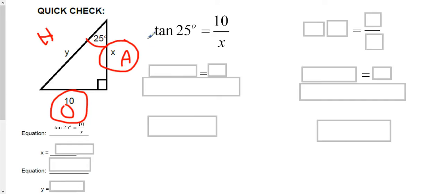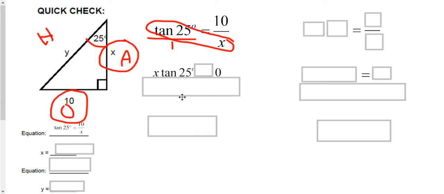Now we put it over 1 and cross multiply. Now the x is times the tangent, this time not times the 1. So put the x first, tangent of 25 degrees, equals the other cross product, which is 1 times 10, which is 10. So now to get x by itself, we got to get rid of this tangent of 25.